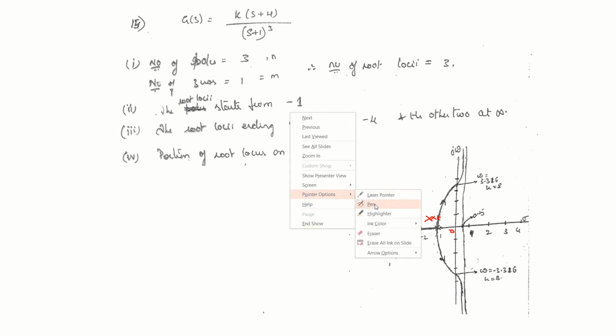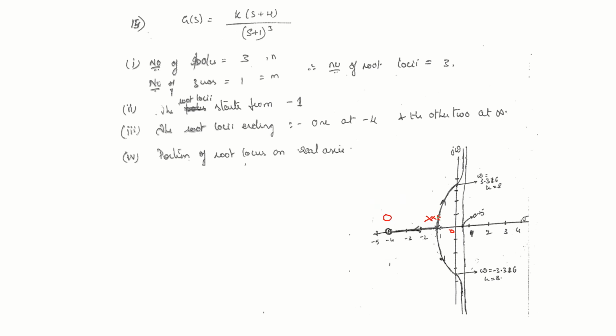We have to visualize there is root locus between these two poles and the root locus between this pole and 0. So you will get a breakaway point here at minus 1 only. That is the whole speciality of this problem. Otherwise there is nothing different. Okay.